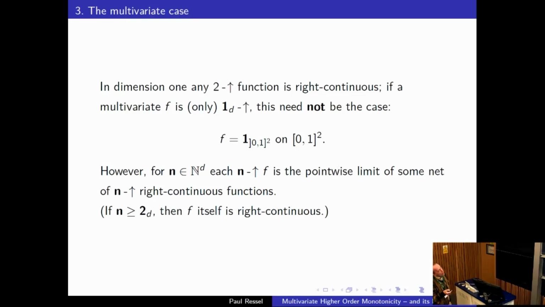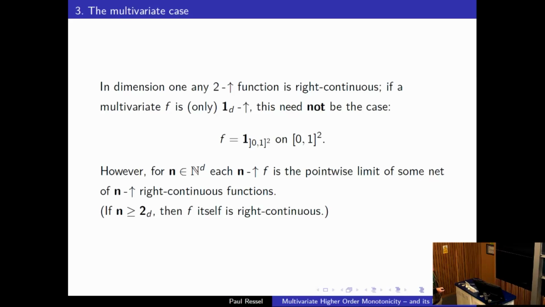Well, in dimension 1, any 2-increasing function, that is increasing and convex, is of course right continuous, and it is continuous with the exception of the right endpoint, perhaps. If a multivariate f is only 1d increasing, this need not be the case. Here's a simple counterexample. This is an increasing function, even a tensor product, of course, of two increasing functions, and it is not quite continuous.